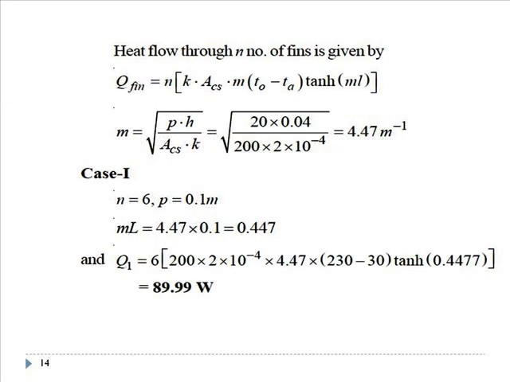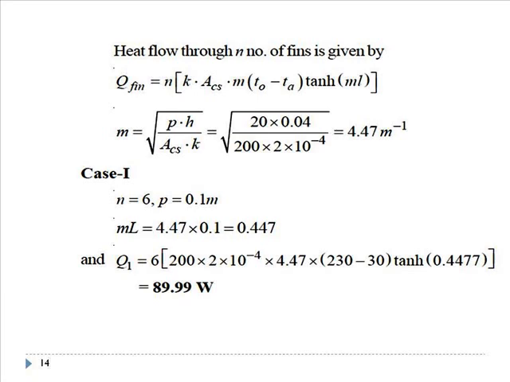So here the case is given with heat flow through n number of fins. We can say Q, that is heat dissipation through the fin, is equal to n into K into cross section area into fin constant m into (T0 minus TA) into tanh(mL).